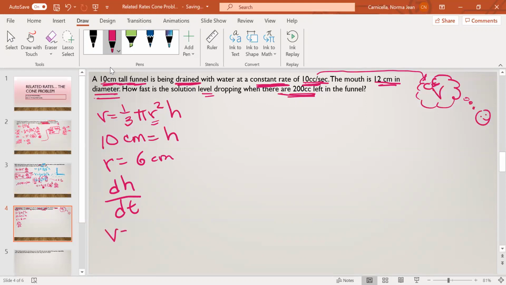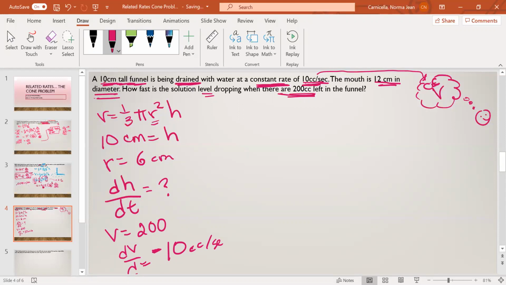I should have these in a different order, this should come before dH/dt, but all right, so I also know that dV/dt is negative 10 cubic centimeters per, what's my time? Seconds. But this is negative, I want to make sure you put that down.